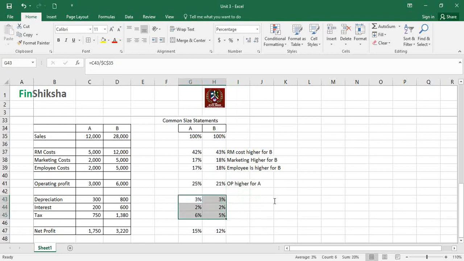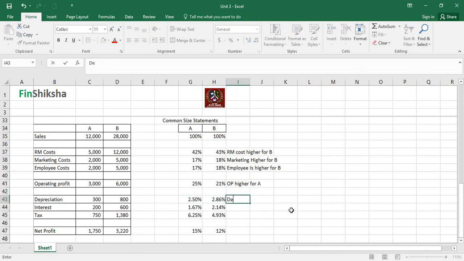If we add a few decimal points, we might get clearer ideas. So both depreciation and interest are higher for B, right? So B probably has more debt as well than A on a comparative basis when you compare it to their sales. Tax is higher for A.